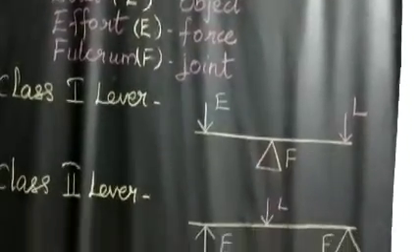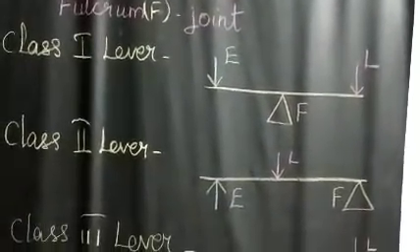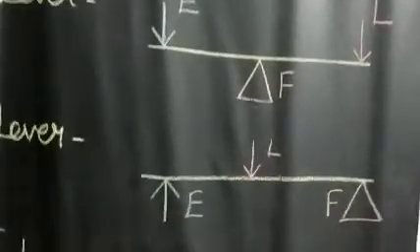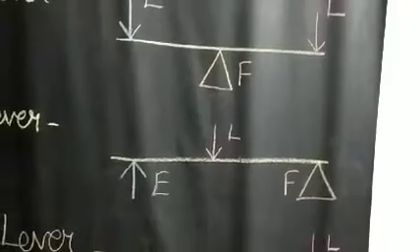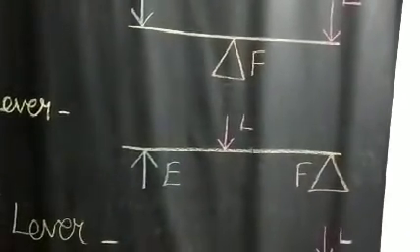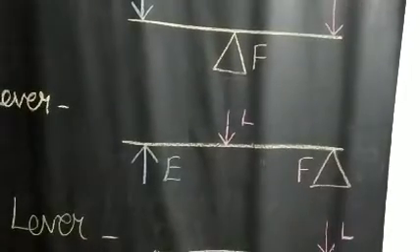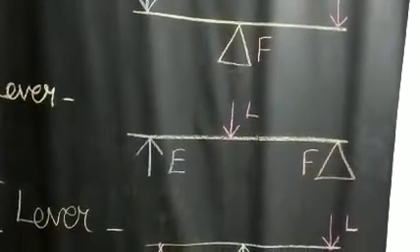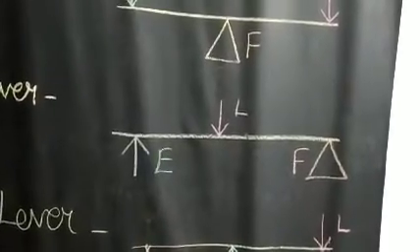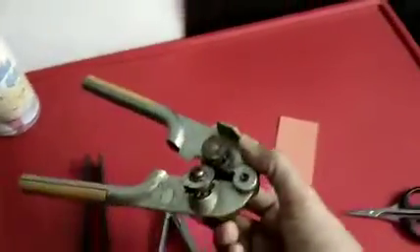So the next one is class 2 lever. So here we can see what is in the middle part. It is load. Load is in the middle part. Effort and fulcrum are on either side of the load. So for that, we will see one example here. That is a can opener.